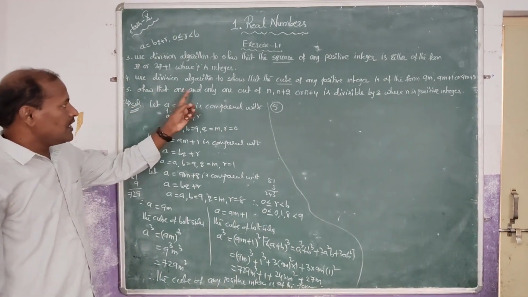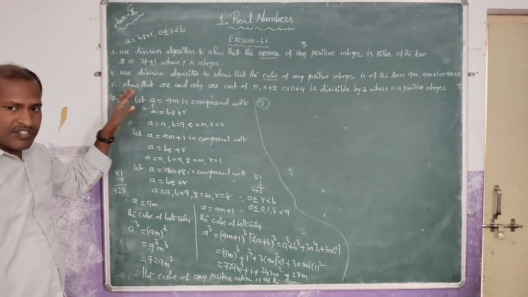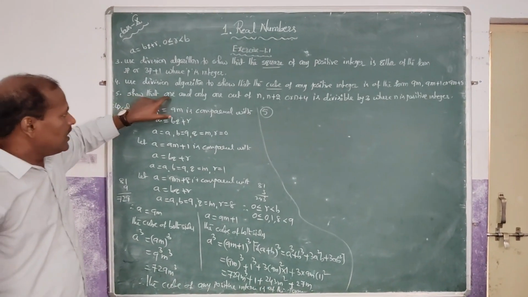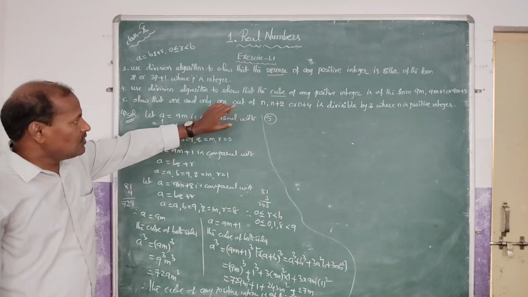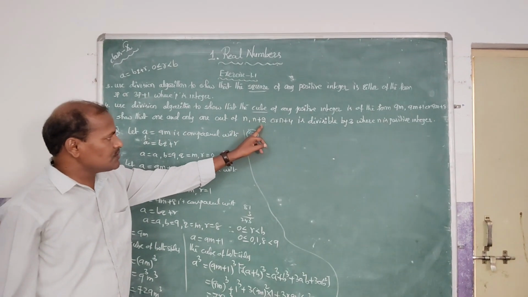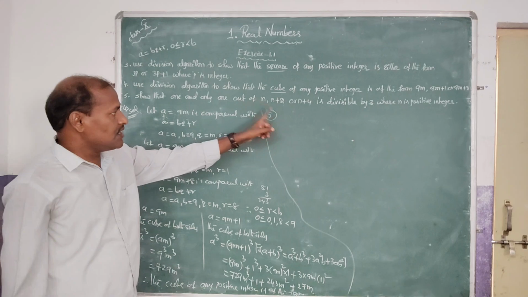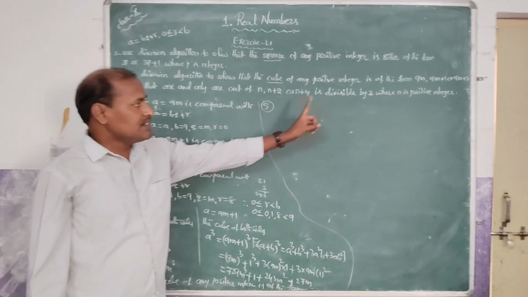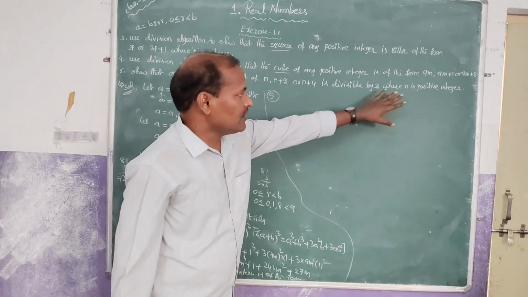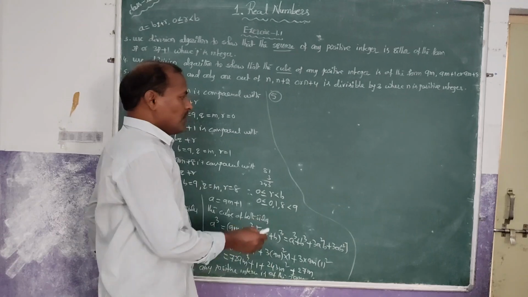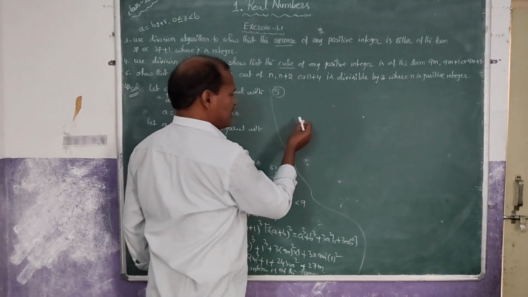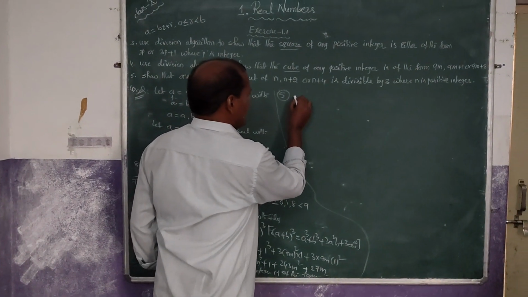Show that one and only one out of n, n plus 2, or n plus 4 is divisible by 3, not using division algorithm. Of these three numbers, only one number is divisible by 3, where n is a positive integer. Positive integer means indirectly natural numbers only. Right?